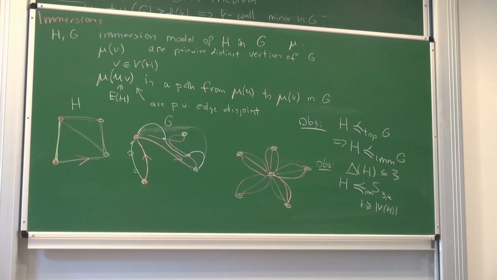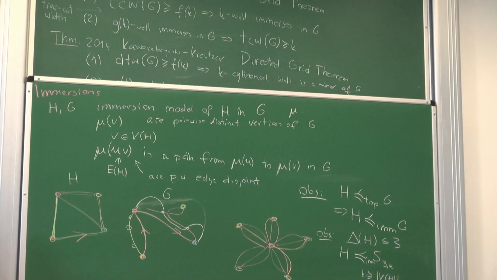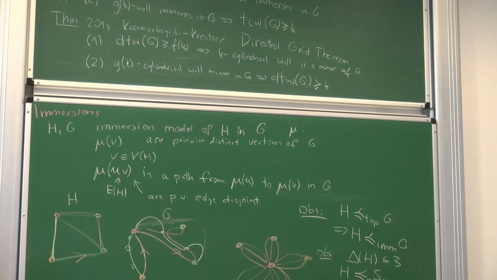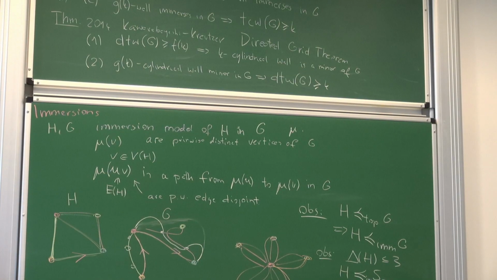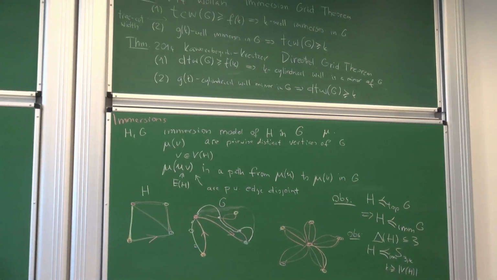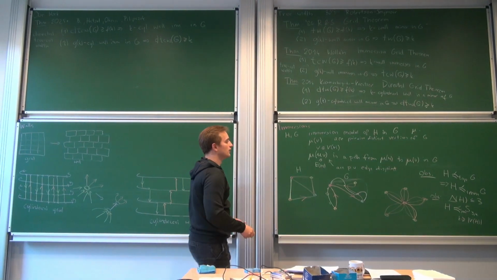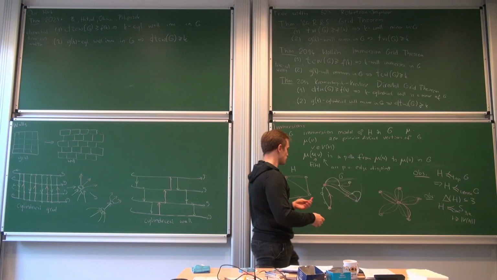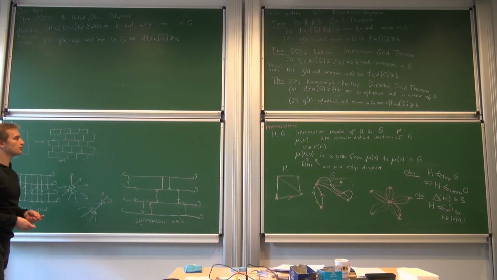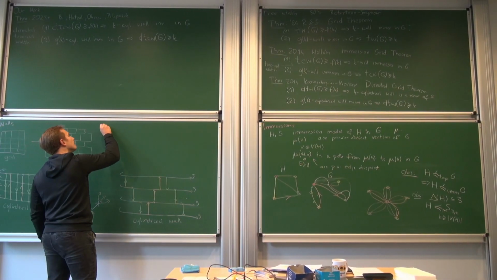So there is something very similar in the directed setting, but it's slightly more complicated. What turns out to be the directed equivalent of this object is something called an onion star.